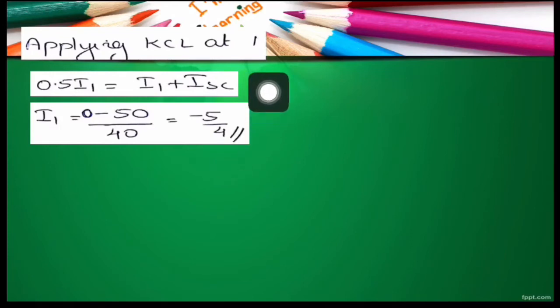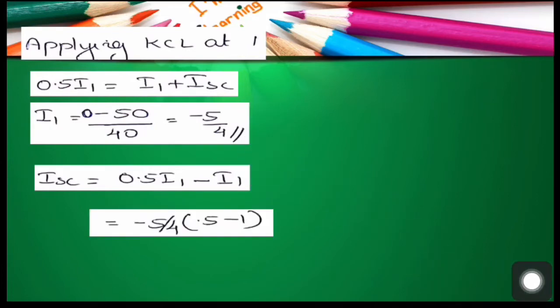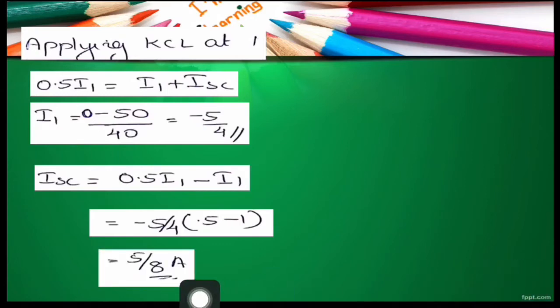Then by rearranging this equation, we can write ISC is equal to 0.5 I1 minus I1. Finally, by substituting the value of I1, we get the short circuit current ISC is equal to 5 by 8 amperes. Clear?